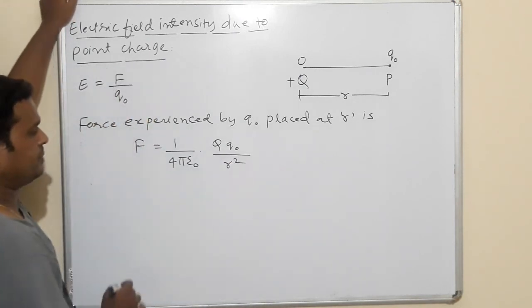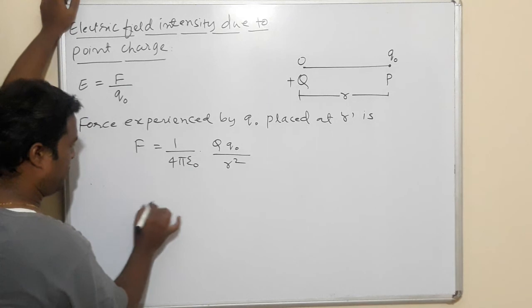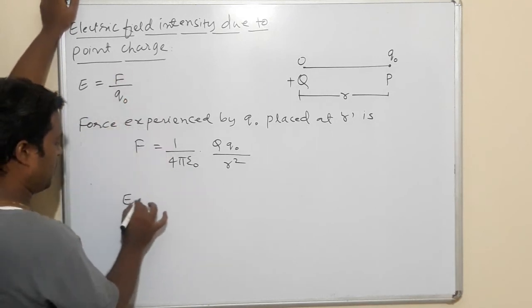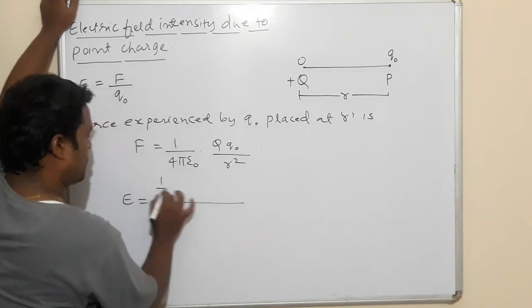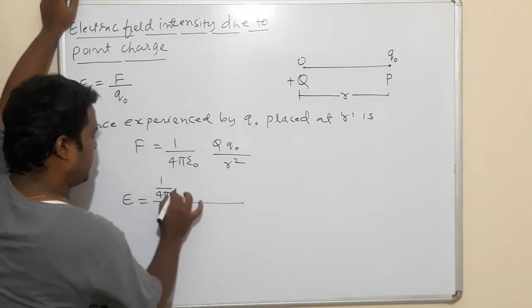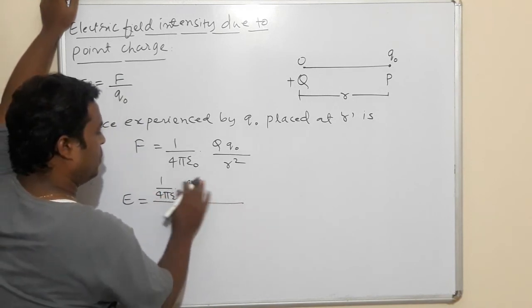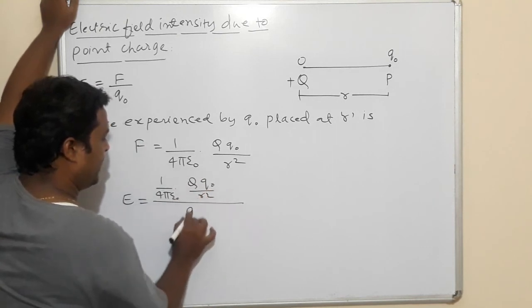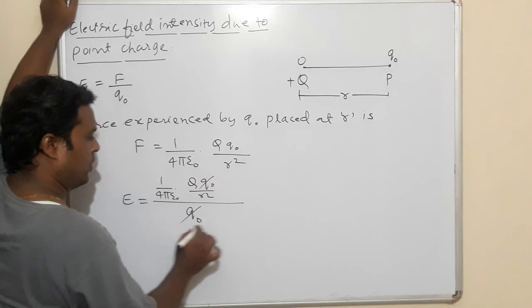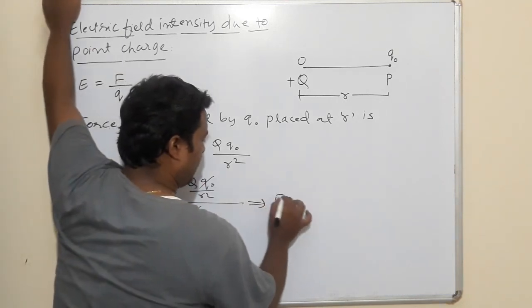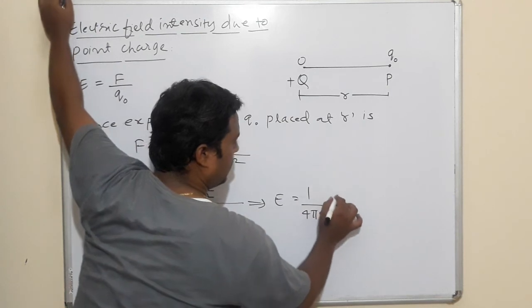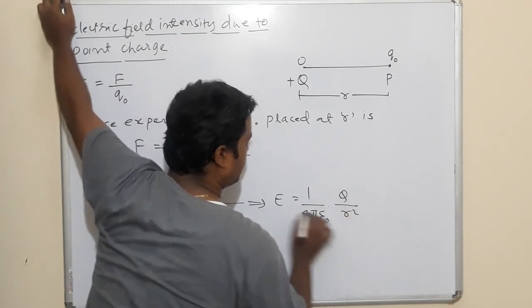This is the force. Then what will be the field? Field will be force by charge. So E is equal to 1 by 4 pi epsilon naught, capital Q into small q naught by r square, divided by q naught. This q naught gets cancelled. Then E is equal to 1 by 4 pi epsilon naught, capital Q by r square.